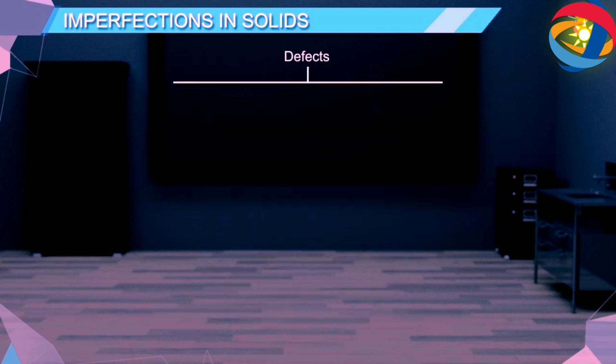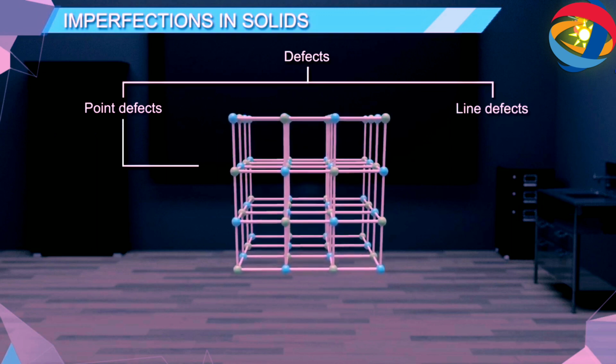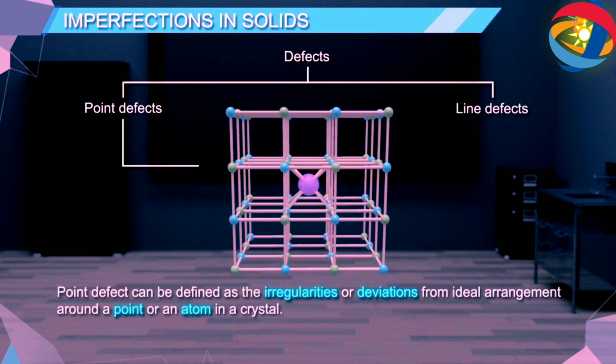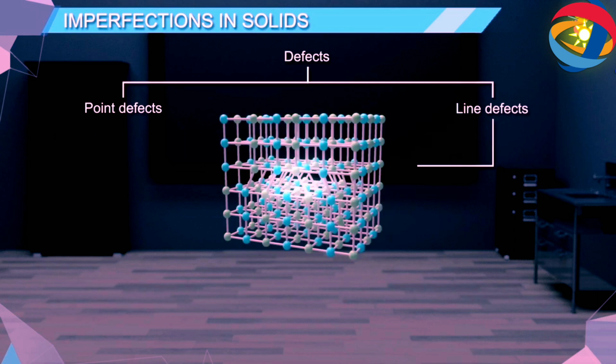Defects can be classified into two types: point defects and line defects. Point defects. Point defect can be defined as the irregularities or deviations from ideal arrangement around a point or an atom in a crystal. Line defects.